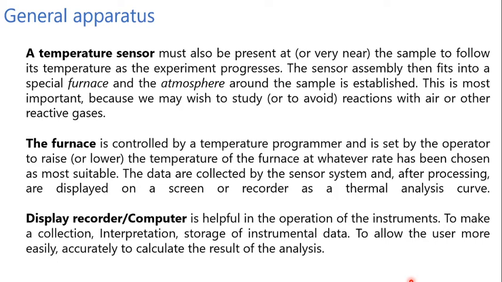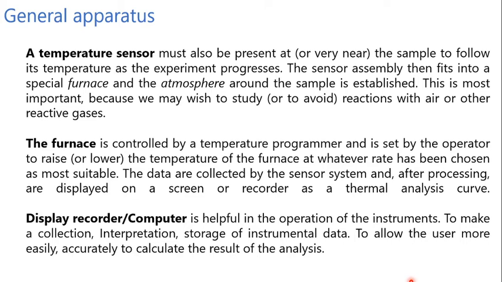The sensor assembly then fits into the special furnace and the atmosphere around the sample is established. This is most important because we may wish to study reactions with air or other reactive gases. The furnace is controlled by a temperature programmer and is set by the operator to raise the temperature of the furnace at whatever rate has been chosen as most suitable.